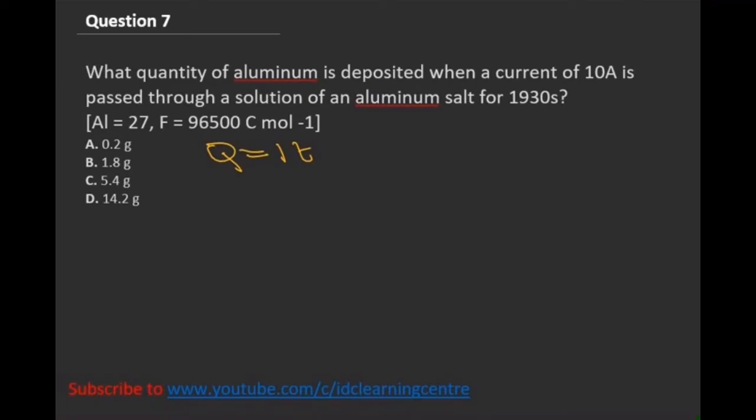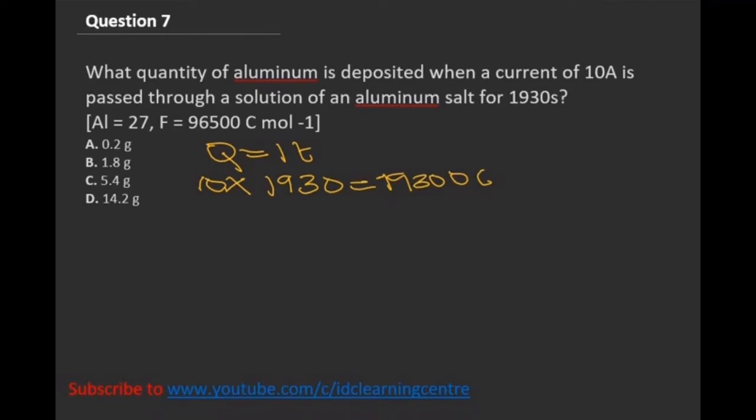So to find our quantity of electricity, I is ampere, which is 10, times the time given to us in the question, 1930 seconds. So our answer will be 19300 coulomb, which is C. Okay, so we write the equation for the question.